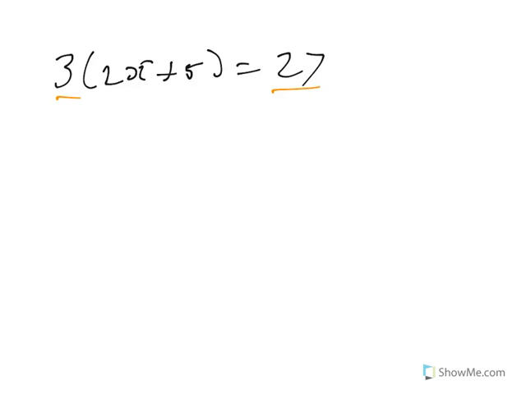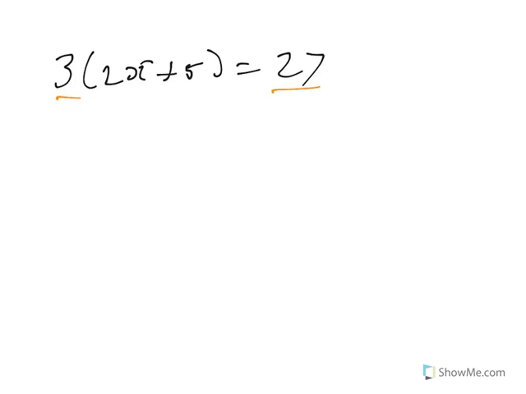We could have some brackets, so like this, for example. Alright, so there's two ways that we could do this for this particular one. Not always the case, but for this particular one, because 3 goes into 27, we could divide by 3 both sides.